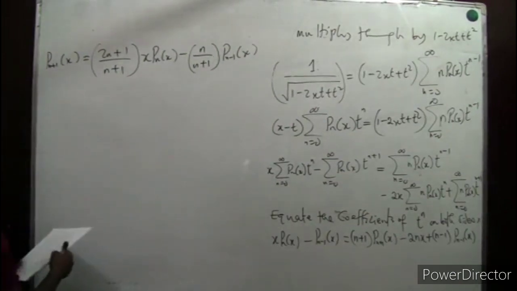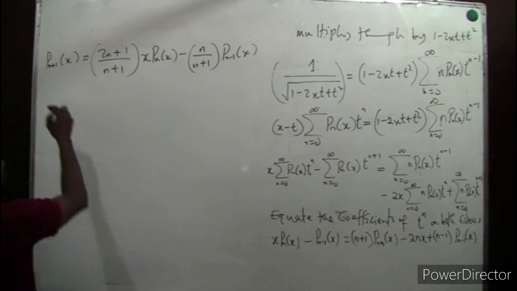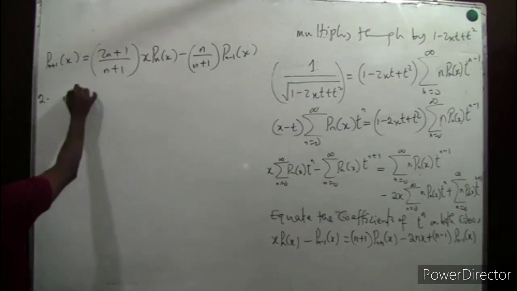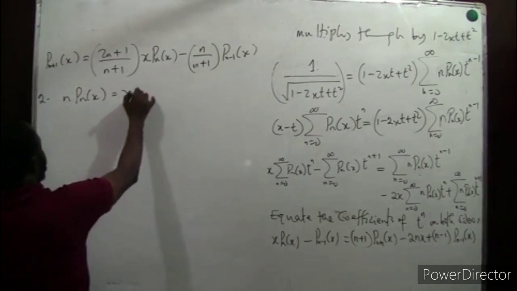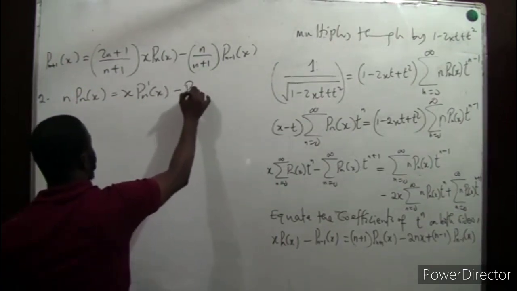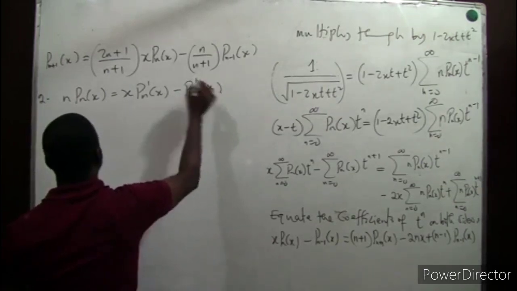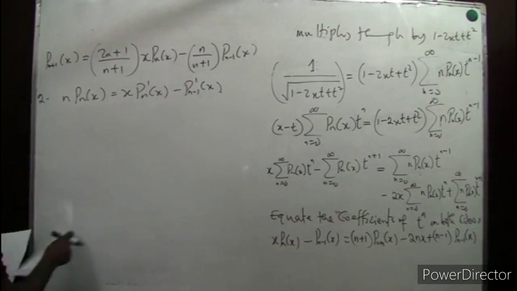Let us take recurrence relation 2. The recurrence relation 2 is given as nPn of x equals xPn prime of x minus Pn minus 1 prime of x. So we are to prove this. So let us prove this.